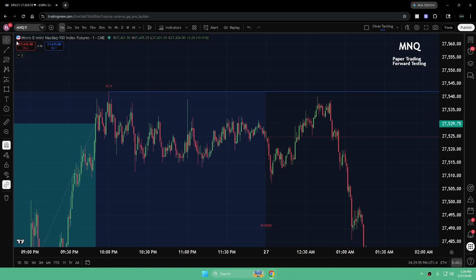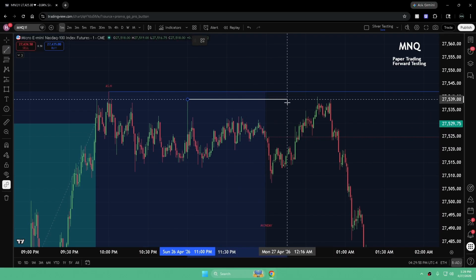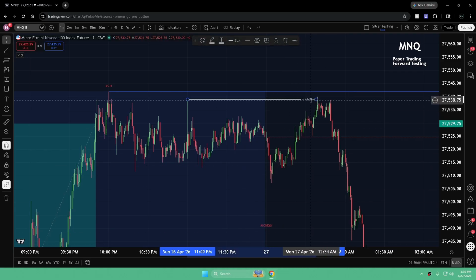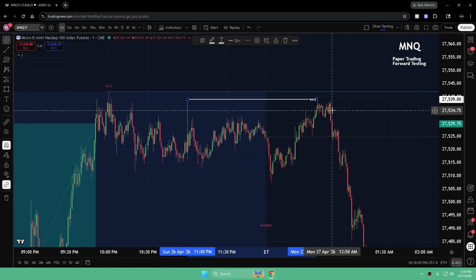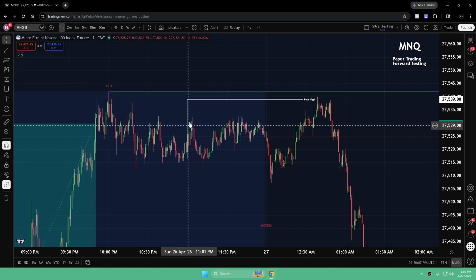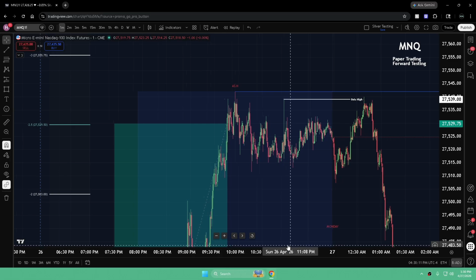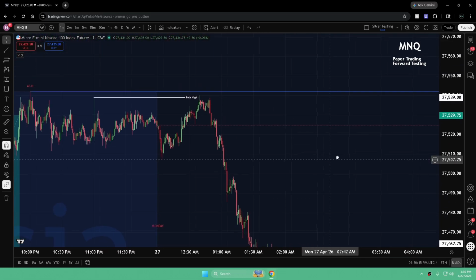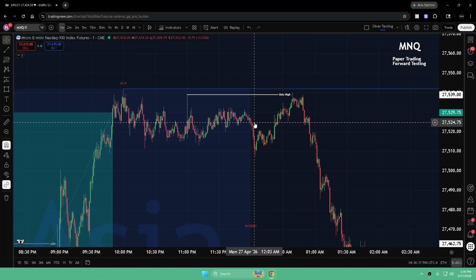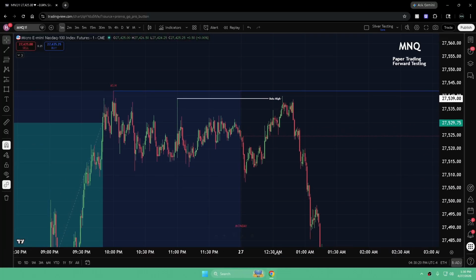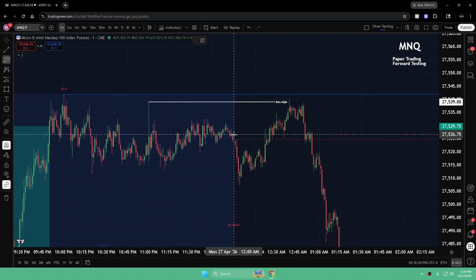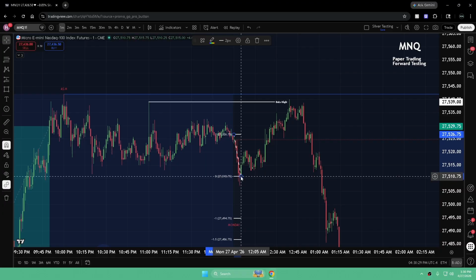Then we take out this wick right here. This was probably an induced wick, but we take this one out. So let's just say this is some sort of data high, which is created after news or some induced volatility. Then we have a change of delivery. We also have, after 12 o'clock right here, our first distribution leg, from this candle wick to this body low.